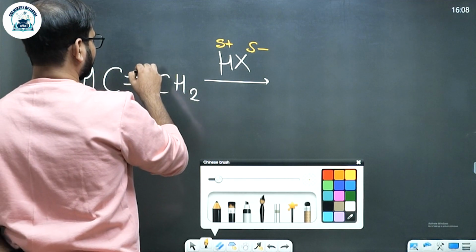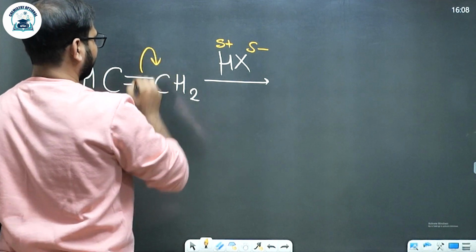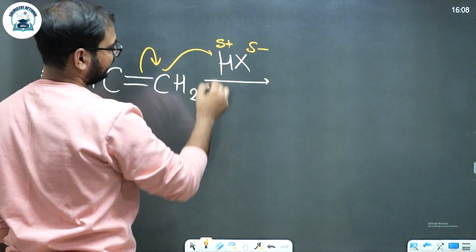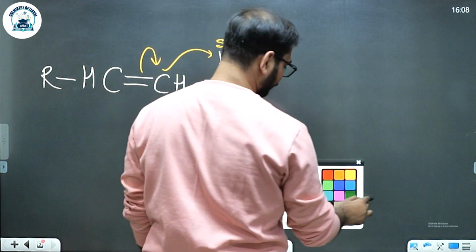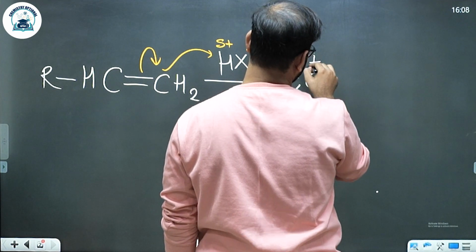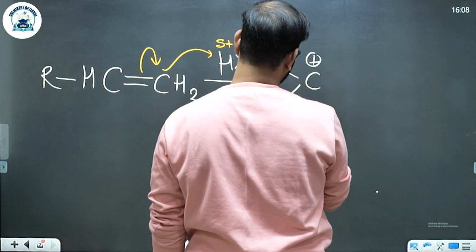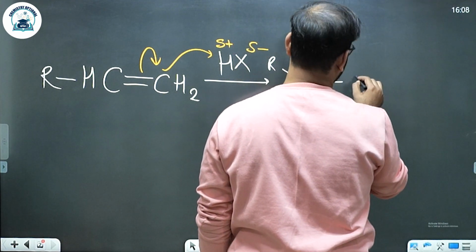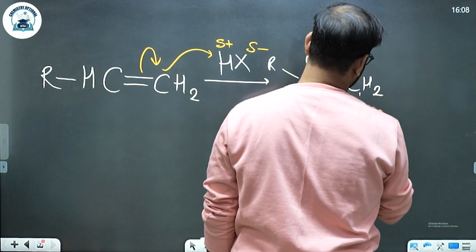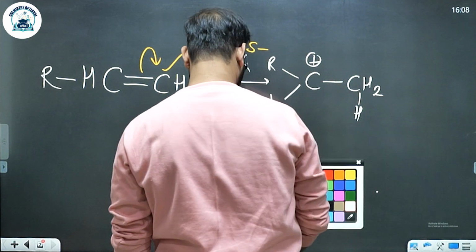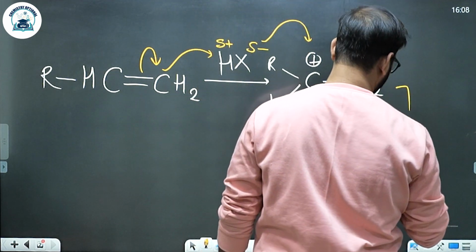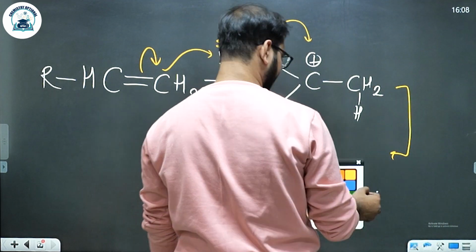The pi bond in the alkene, being weak, will nucleophilically attack this hydrogen and generate a carbocation, which will be sp2 hybridized. And then this halogen will attack this carbocation and our final product will look like this.